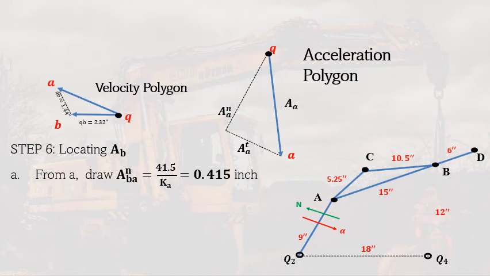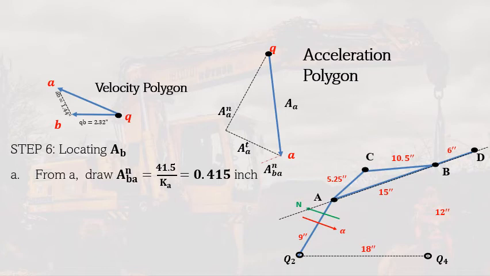As you can see, this normal component has the same direction as this AB here because now we will imagine that A is the center of rotation of B because it's relative. So B will rotate with respect to A, therefore the direction of its normal component is towards A. So that's why we will draw that line parallel to AB. So that is the ABA normal.